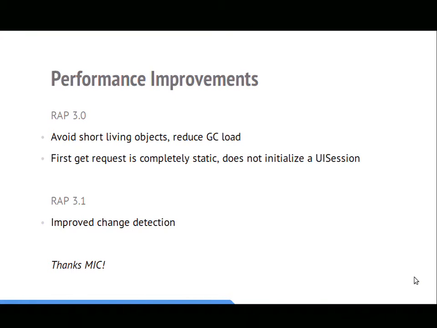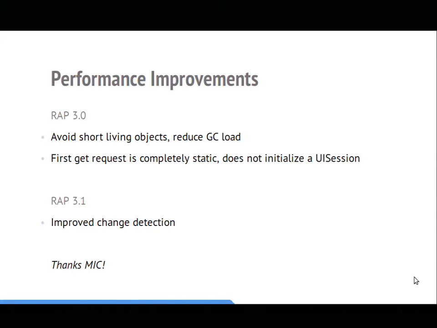So what did we do to achieve those performance improvements? Basically, one thing that this performance analysis brought up was that we create a lot of short-living objects in every request. The background is that in every request we have to capture the widget state when the request comes in and then compare with the widget state before we send the request to see what the difference is.